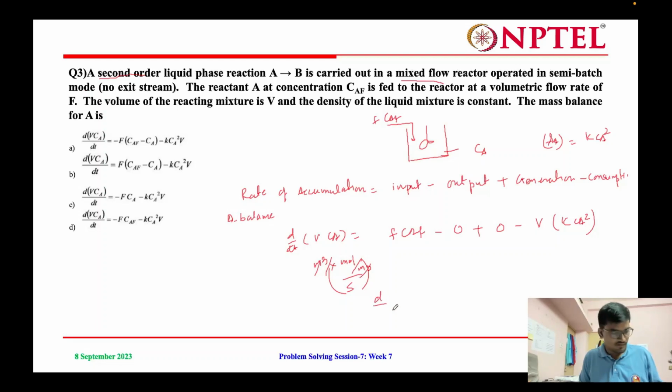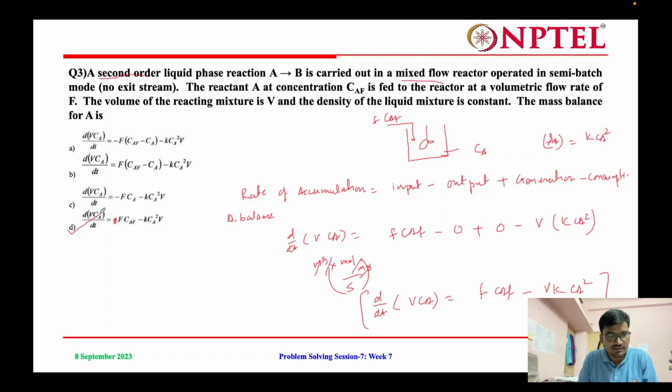So d/dt of VC_A equals F C_Af minus V K C_A squared. So check the options. Yep. Option C is almost the same, but the sign should be positive.